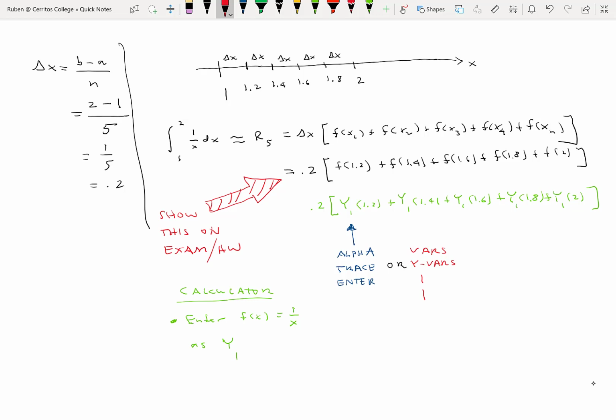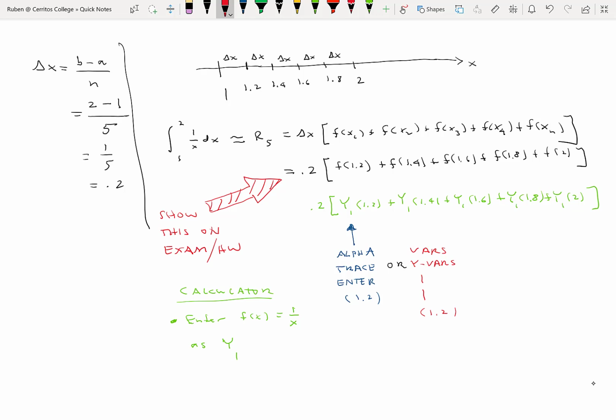You would push, in practice, for this whole segment in green, 0.2 times alpha trace enter, and in parentheses put 1.2. I sort of forgot to enter that. Or if you were doing it the other way, variables, Y variables 1, 1, and in parentheses 1.2.